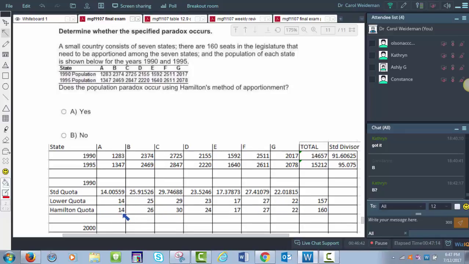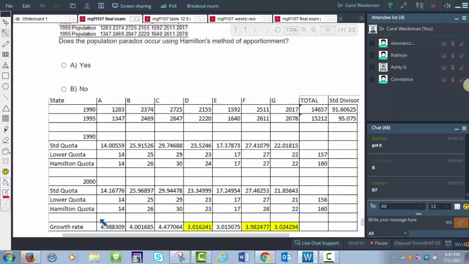Remember, we see how many we didn't allocate: 3, so we had 3 left over. So I give those to the states with the largest decimal, which was 1 here, here, and here. So they got the extra items. Then we take a look at the allocations in 2000 by the same process.